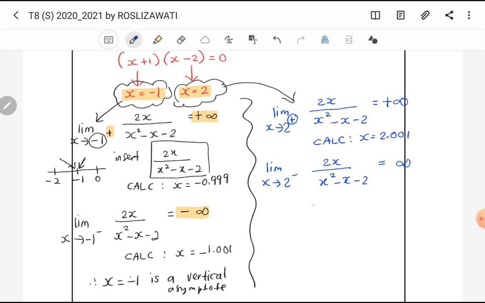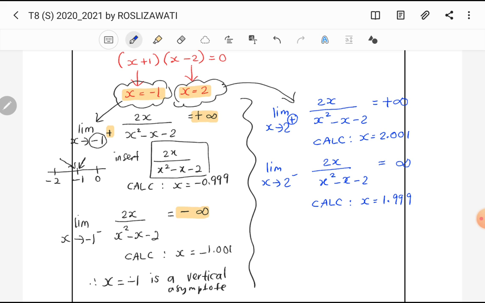Okay. And then calculate. Okay, tadi yang dekat calculator tu jangan clear lah function dia yang kita masukkan tadi tu. Ya. Okay, calculate x equal to 2 from negative. Awak ambil lah 1.999. Okay, cuba tengok jawapan dia.